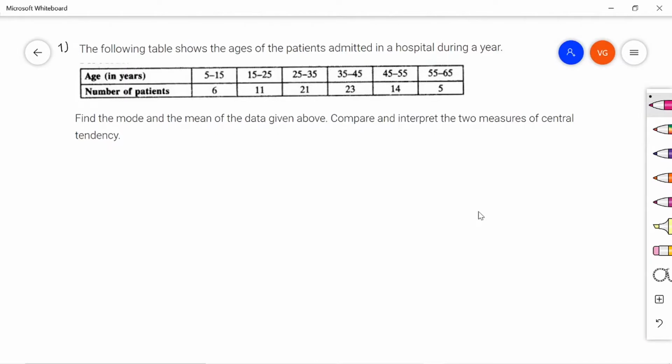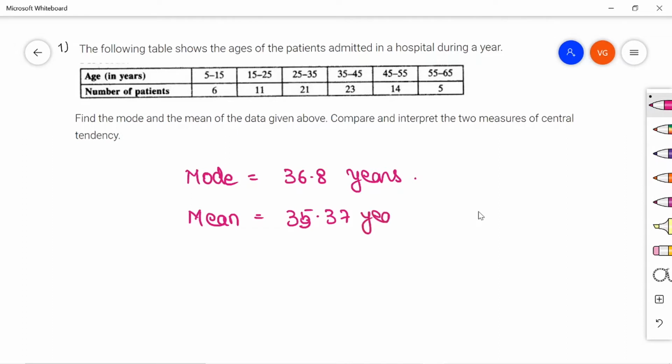So after solving this question, I got the mode is equal to 36.8 years, and similarly I got the mean value of the given data as 35.37 years. In the question they have asked to compare and interpret the two measures of central tendency.